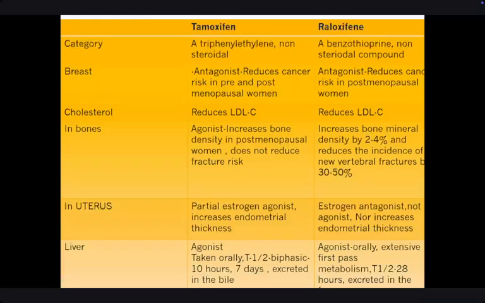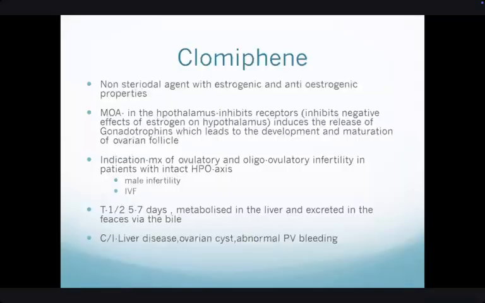It's taken orally, has a half-life of 10 hours up to 7 days, and is excreted in the bowel. And then raloxifene is an agonist taken orally. It has an extensive first-pass metabolism and a half-life of 28 hours. It's excreted in the feces.